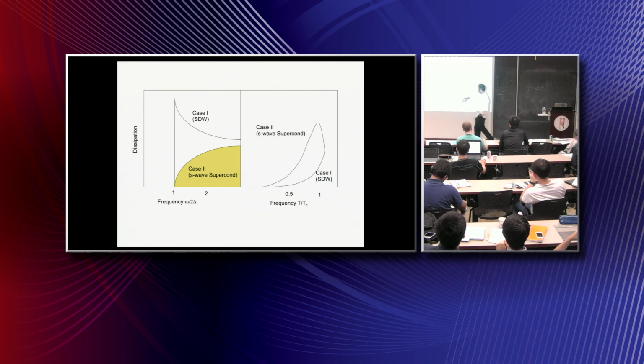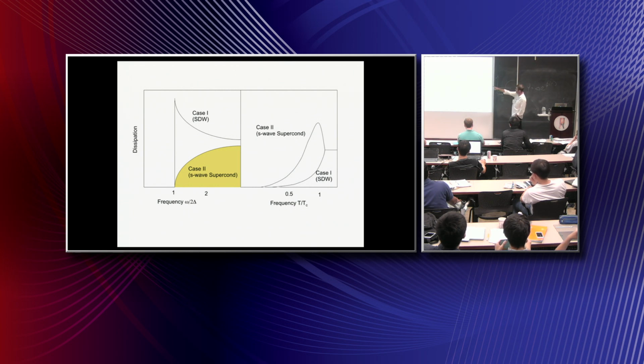In that case, which also applies, let's say, for electromagnetic absorption in an S-wave superconductor, you will get this kind of characteristically shaped curve here. If you were dealing with electromagnetic absorption in a weakly coupled spin density wave system, you would get this kind of behavior. Okay, so it's important to separate these.